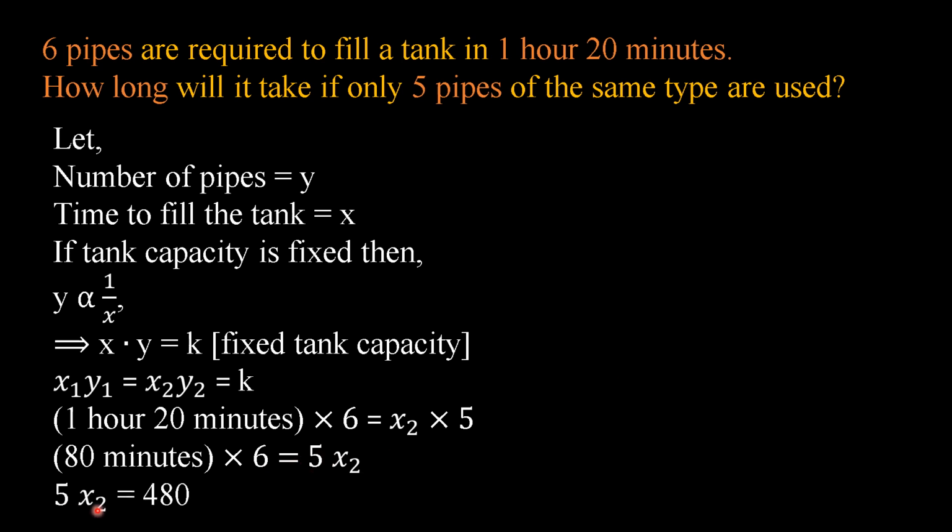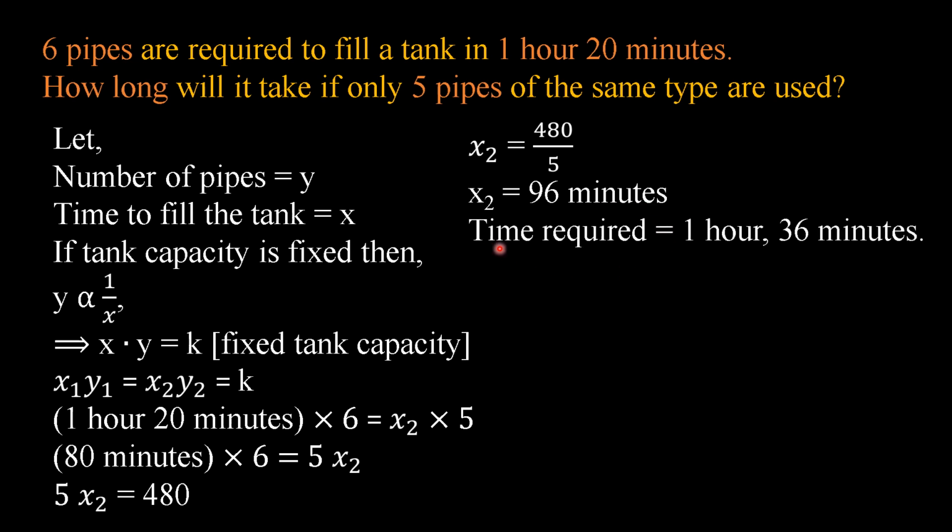So 5x2 becomes 480, which is the product of 80 and 6. So x2 becomes 480 divided by 5, which will be 96 minutes. So the time required will be 1 hour 36 minutes. So 5 pipes will take 1 hour 36 minutes to fill the tank.